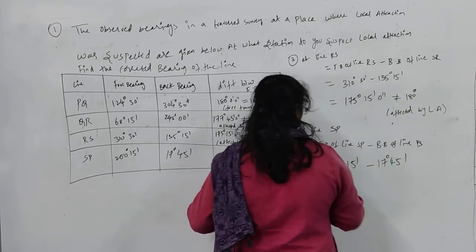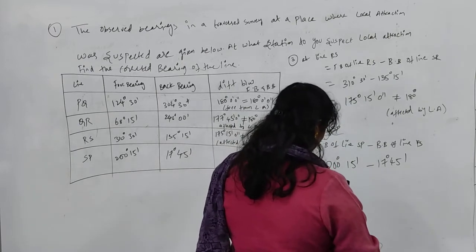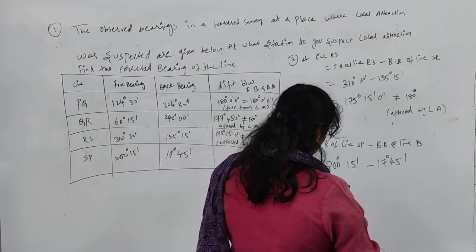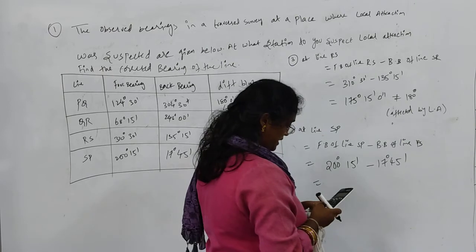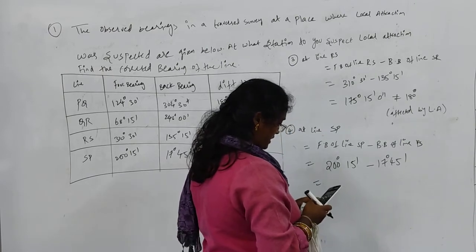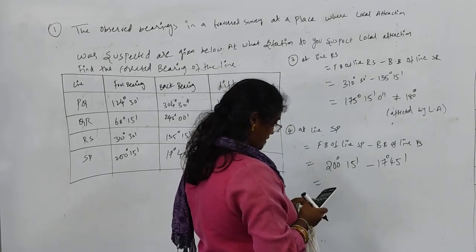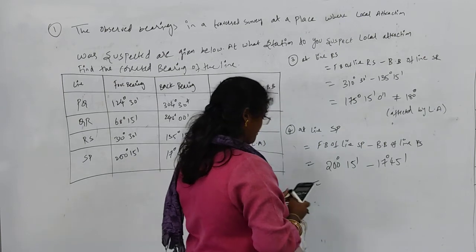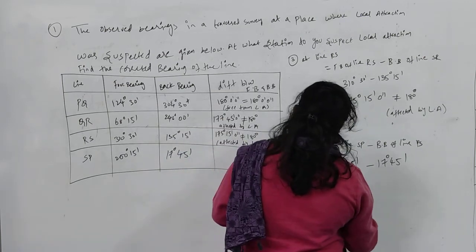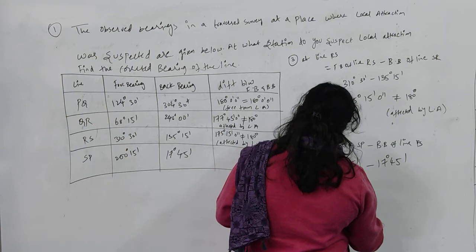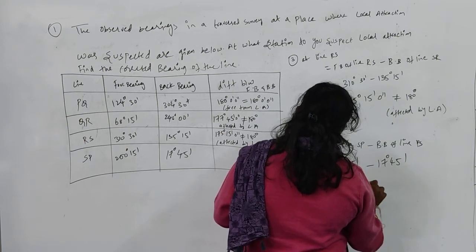So what will be the value here? 200 degrees 15 minutes minus 117 degrees 45 minutes. So here it is the value of 182 degrees 30 minutes 0 seconds.